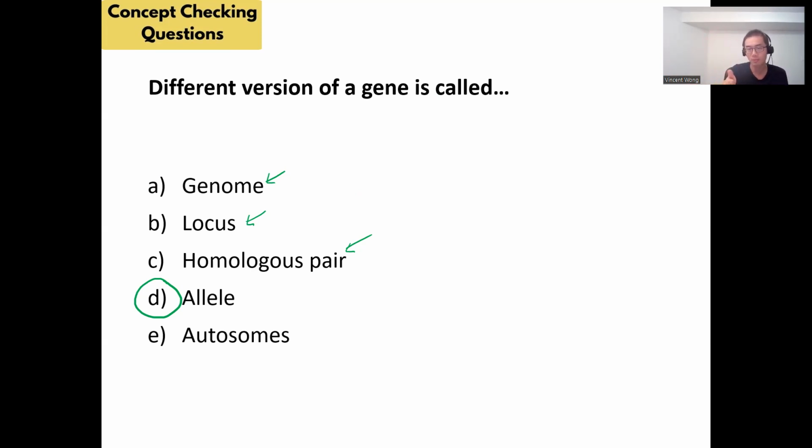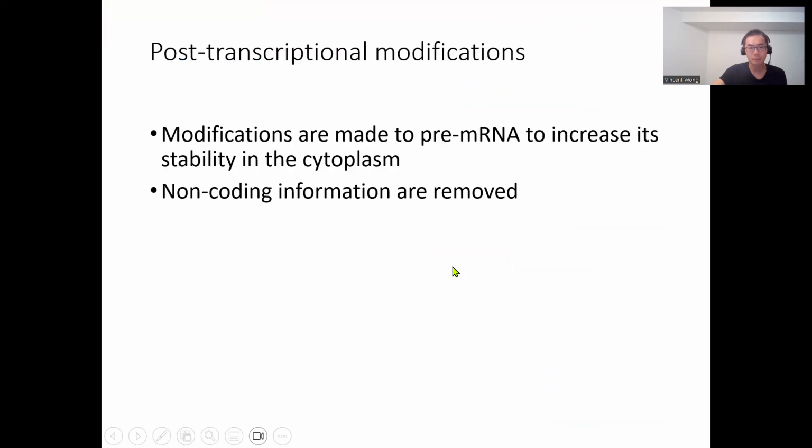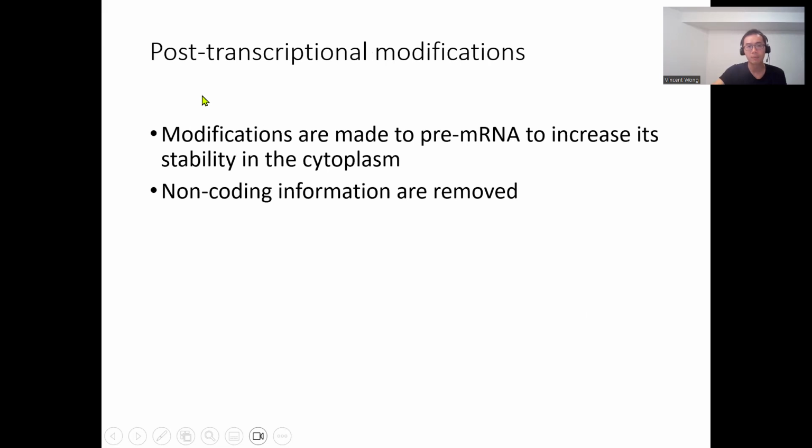It's like chromosome 7 with chromosome 7. Autosomes are chromosomes 1 to 22. Number 23 is a sex chromosome. So we did all these already, and now we are going to move on to post-transcriptional modifications.